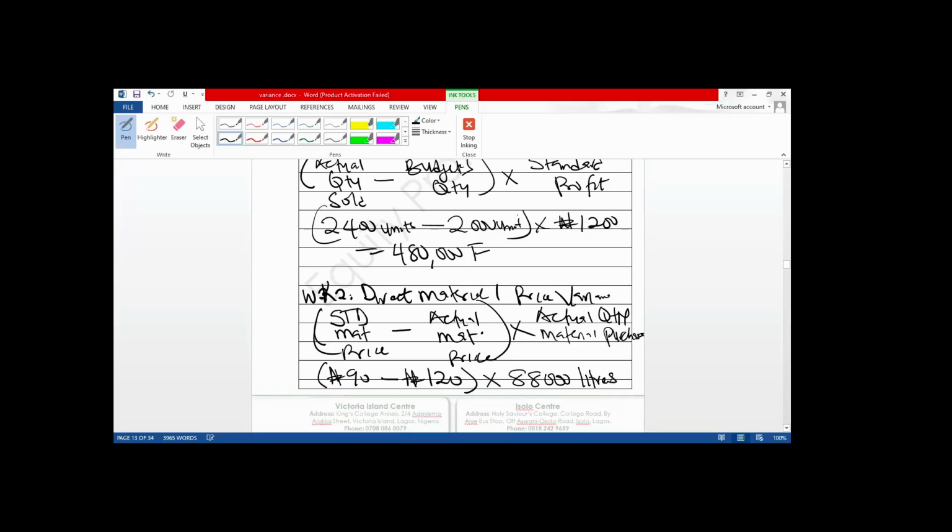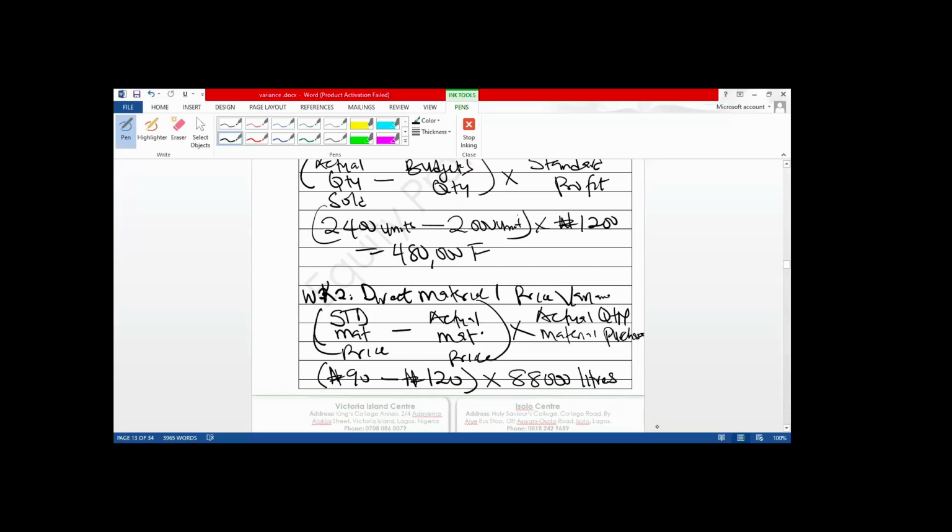This will give you direct material price variance. The answer is 2,640,000 adverse. Our plan is to buy raw material for 90 naira per liter.